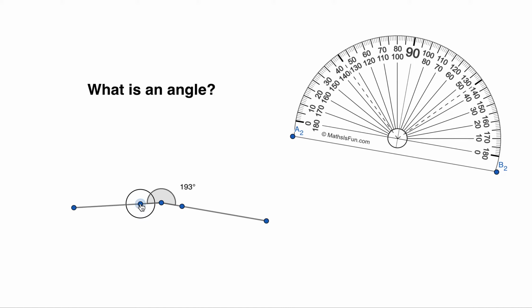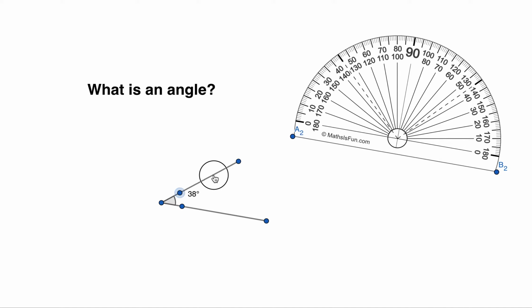I can continue going here. What will I get if I go all the way around to the starting point? You can see I can't get it to be exactly that, but oh, there it is: 360 degrees. A full circle is 360 degrees, a full opening. If I open this angle so much that it goes all the way around, that's 360 degrees.